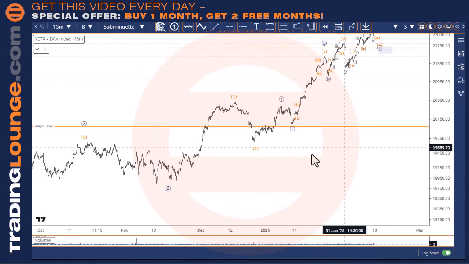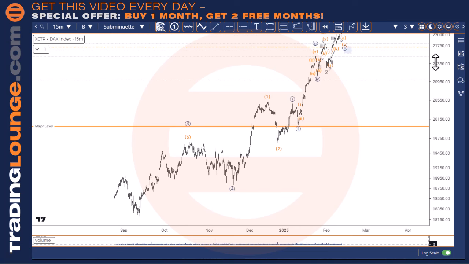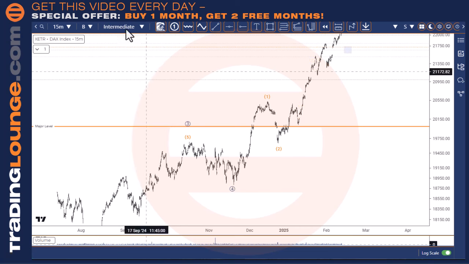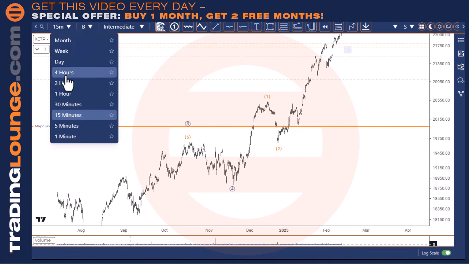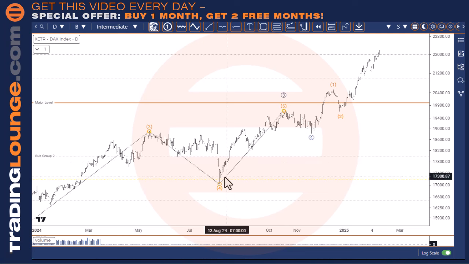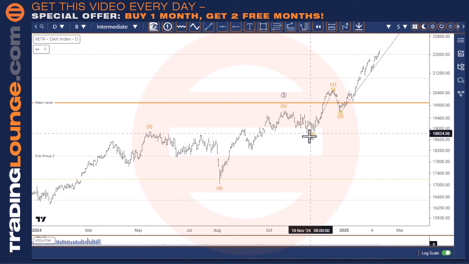So in a nutshell, why don't I just take a step back here for a moment, and we'll clean this up and go to the daily chart here. So we've got this as 3, 4, 5 up here for the third wave and the fourth wave here.